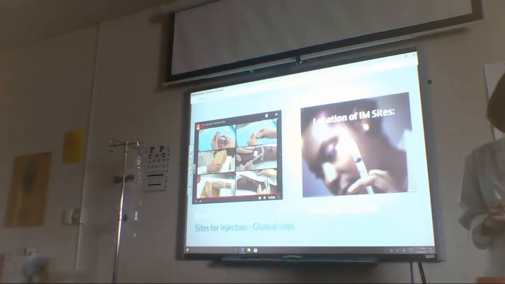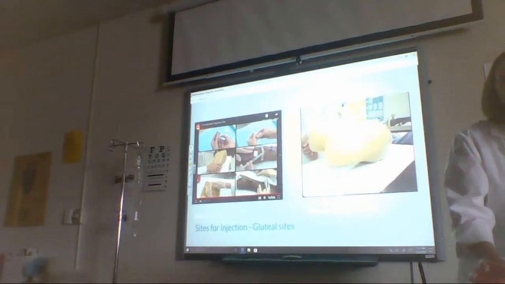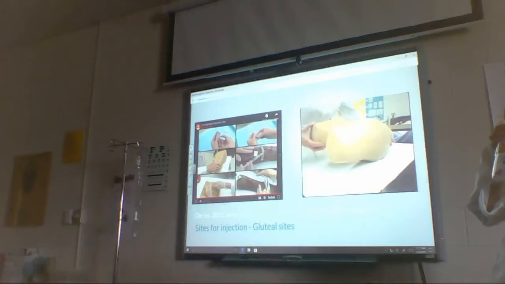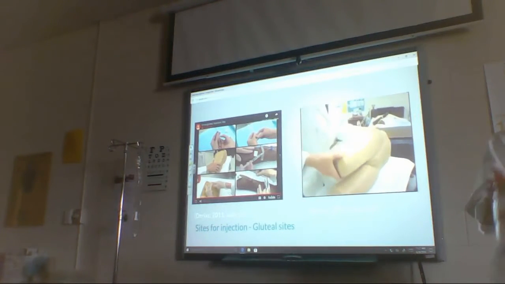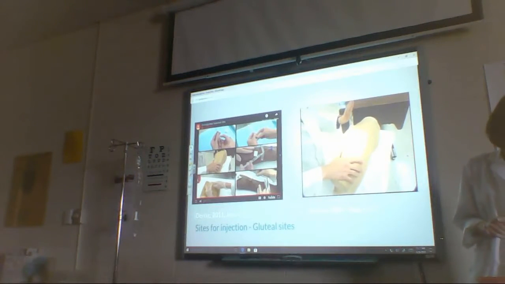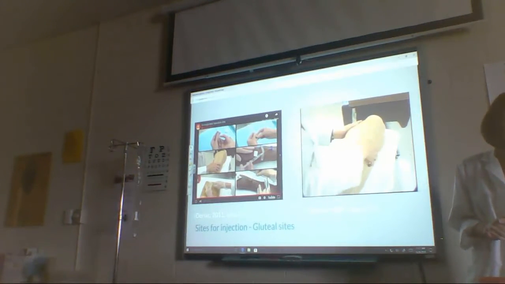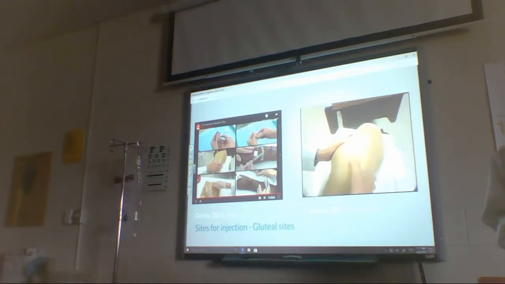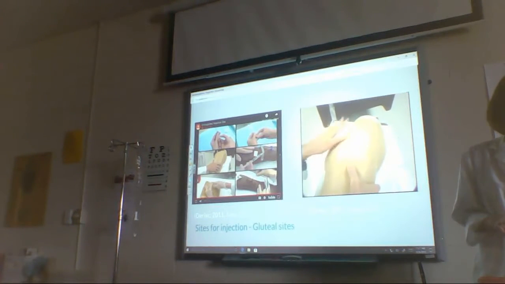Location of IM sites. Ventrogluteal injection site. Place client in side lying position. Use right hand for left anterior hip or left hand for right anterior hip. Identify greater trochanter and place palm at site.